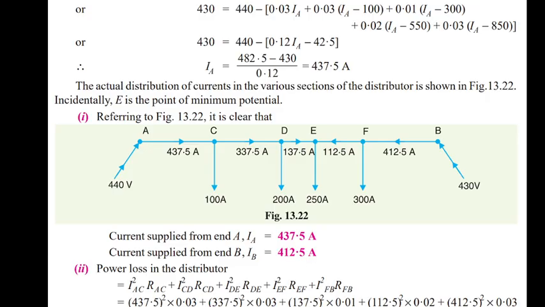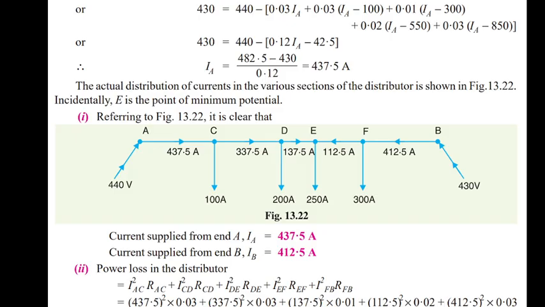Similarly, the current supply from end B is found to be 412.5 amp, indicating that the load is shared between both feeding points. It is also observed that point E represents the location of minimum potential in the system.